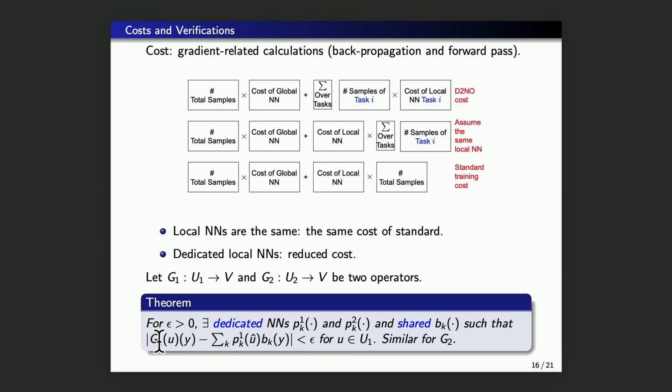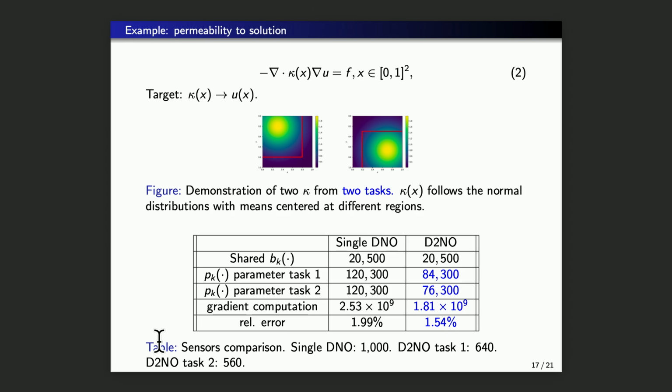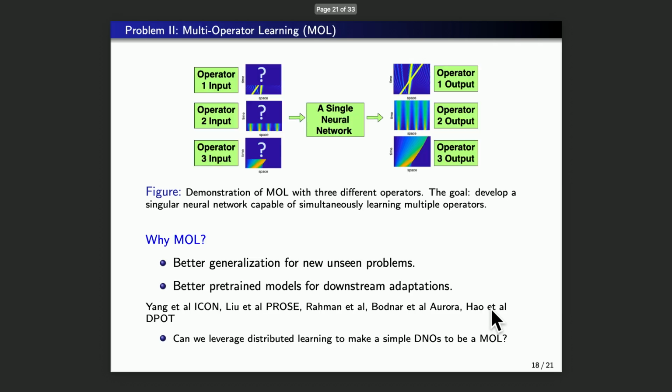So this is the algorithm and some theory, and this is the numerical example. I think I'm supposed to finish in 2 minutes, right? Okay. If you trust me, we have a lower error and lower computational cost.